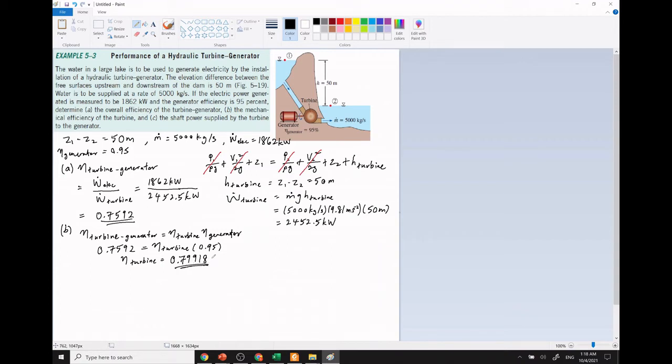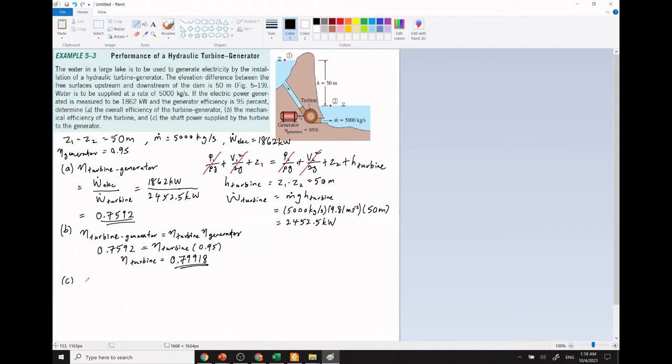Right, so now we are looking into question C. In question C, we are asked to find the shaft power supplied by the turbine. Okay, the shaft power supplied by the turbine.